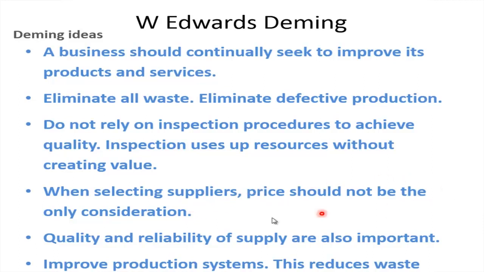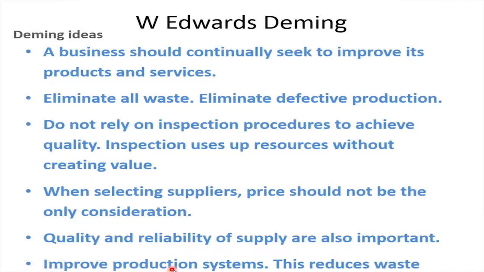That should not be the way. It should be with good quality, so please remember these things. Quality and reliability of supply are also important. It should be of good quality and also reliable.